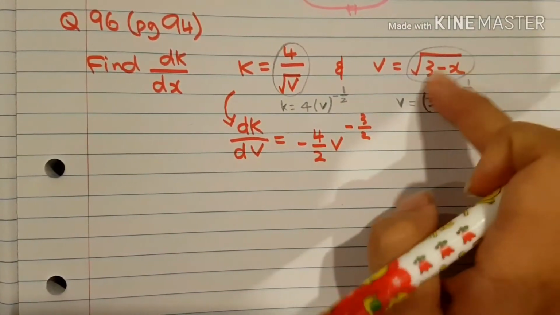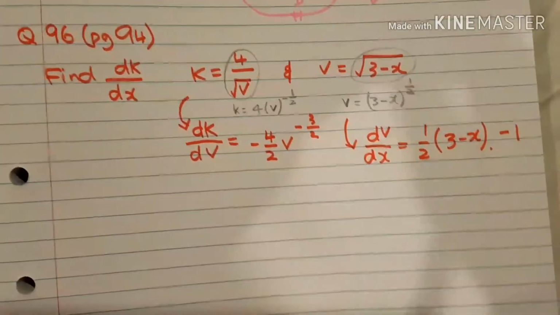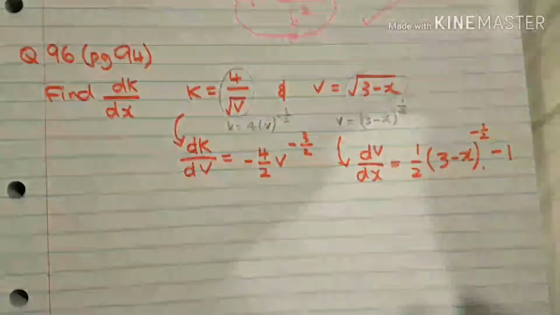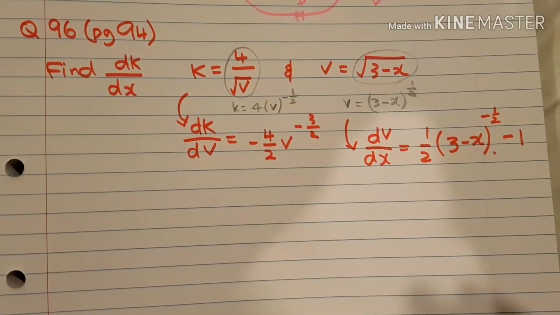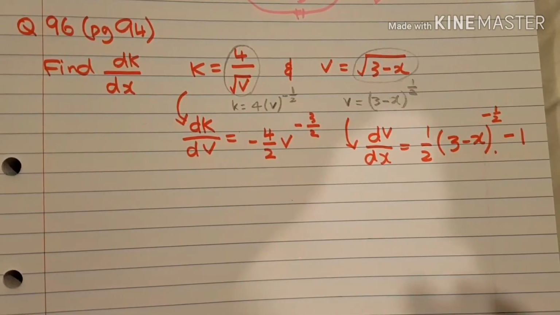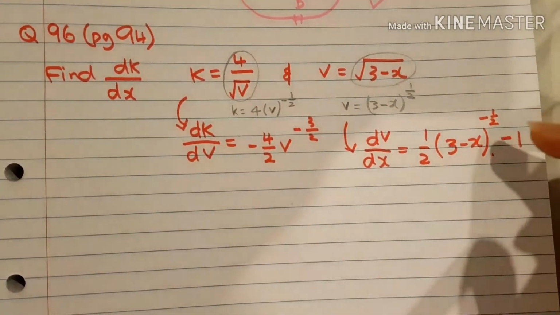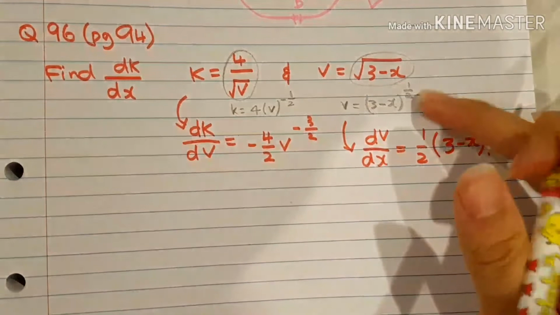and this one, again, you pull this over. Yep, it's going to be negative a half because you minus 1.